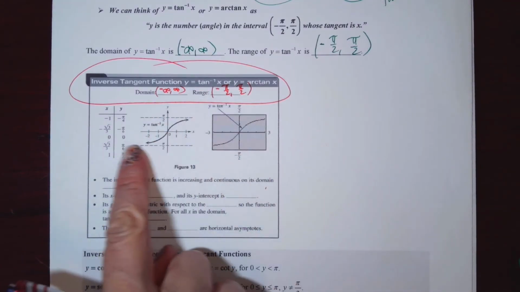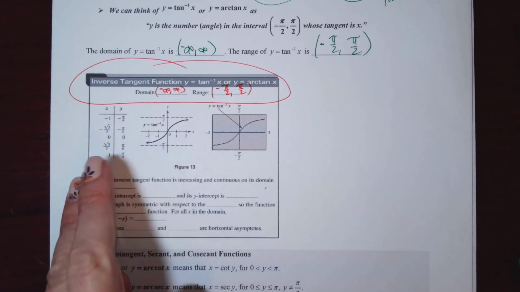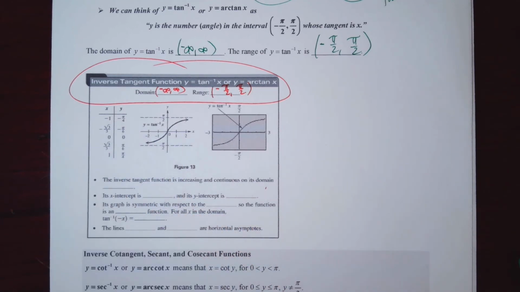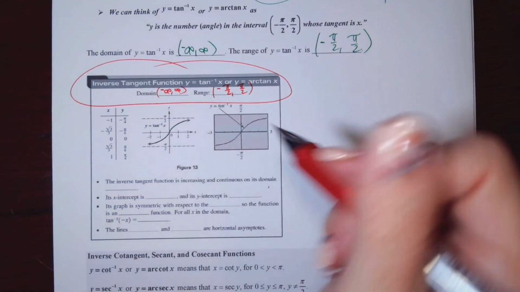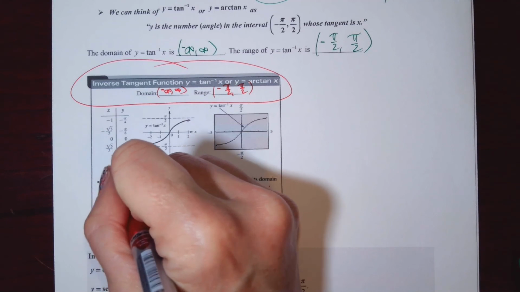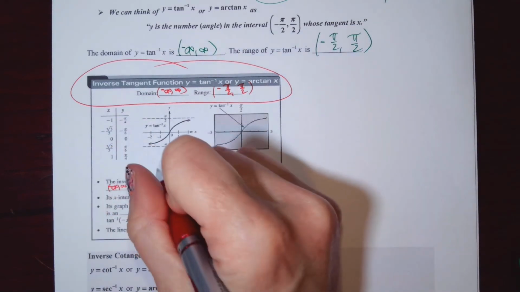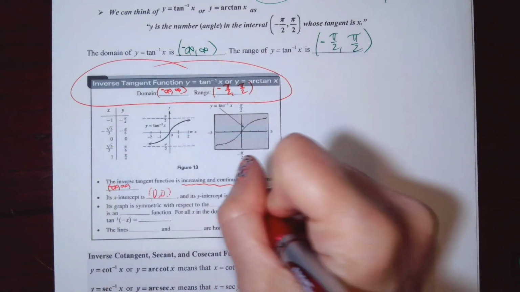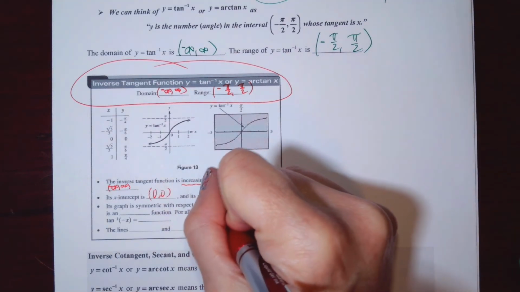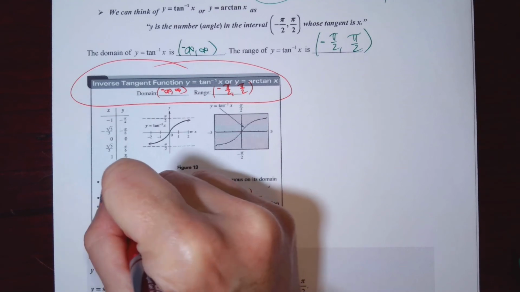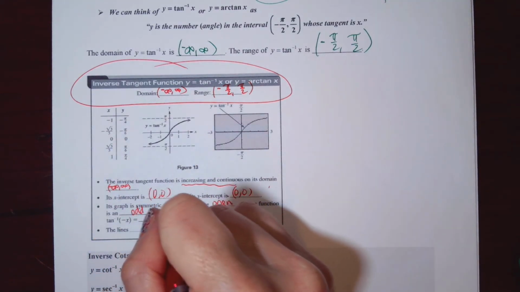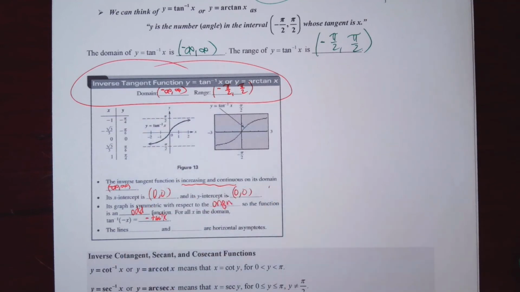So we know our domain and range. This is what my function graph would look like. I've switched those columns from tangent x. The inverse tangent function is increasing and continuous on its domain, all real numbers. It goes through the origin, so it's odd. If I plug in a negative x, I get out the opposite of the value of tangent inverse of x.